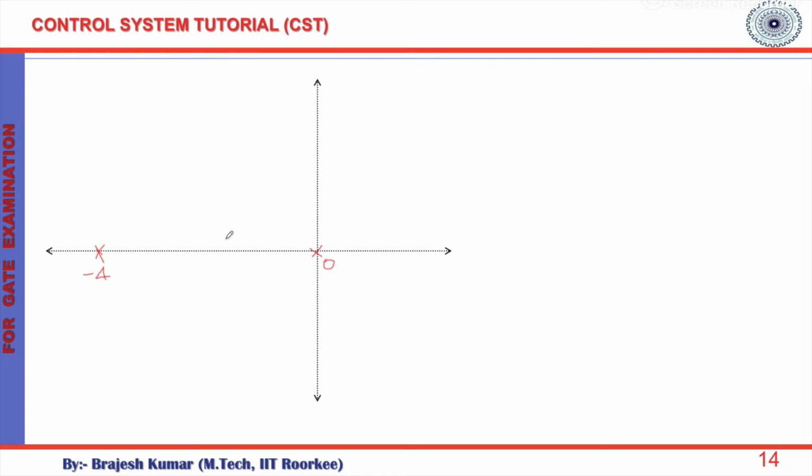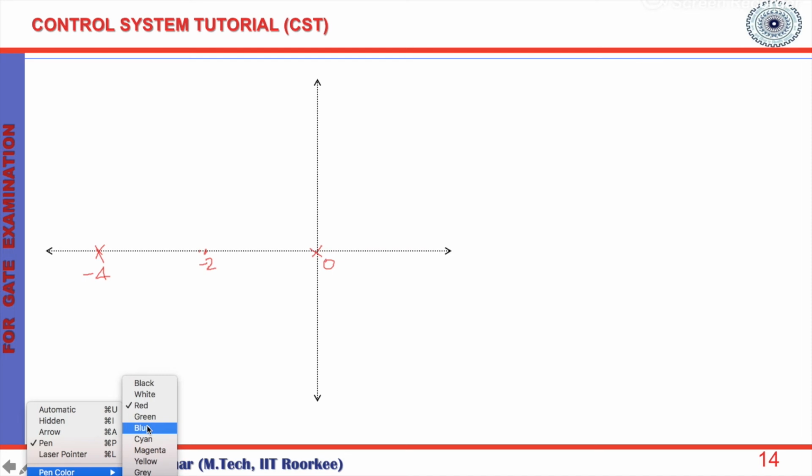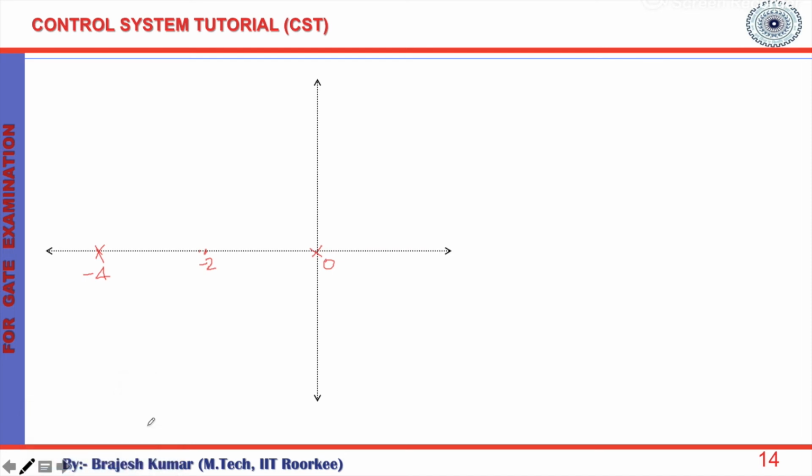Each has the real part -2, so we are going to locate this as -2. I am going to take a dotted line for our reference, like this.